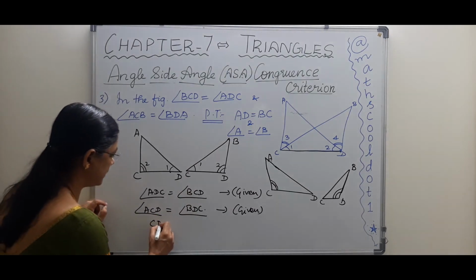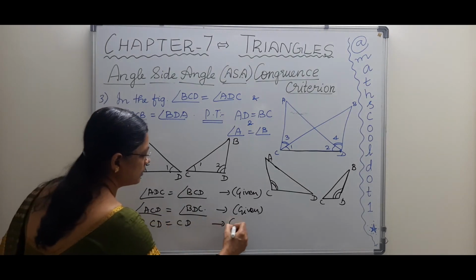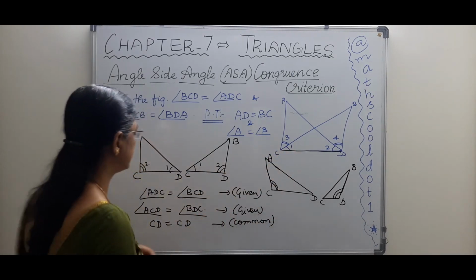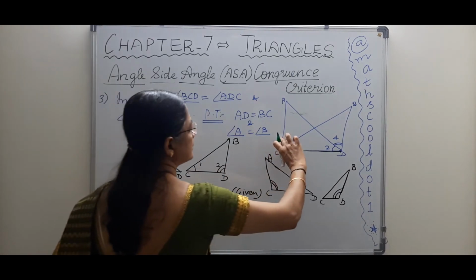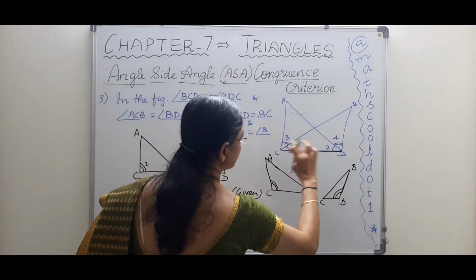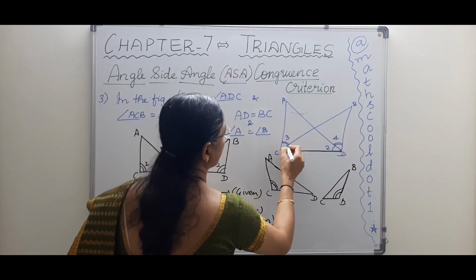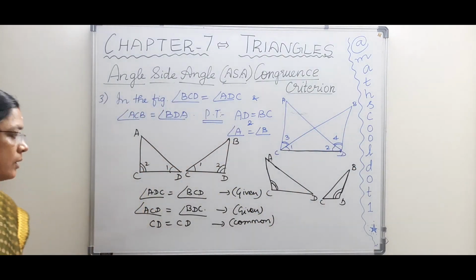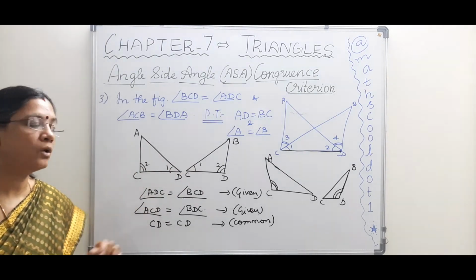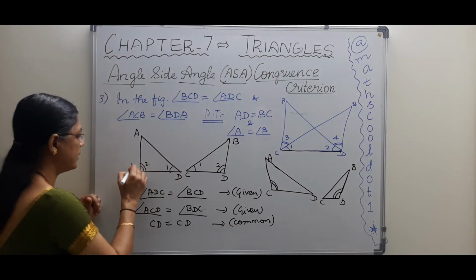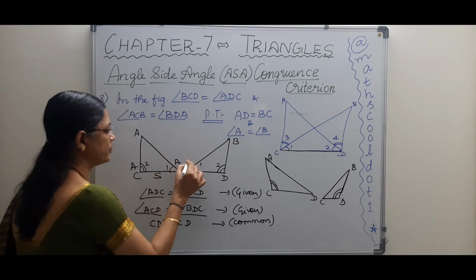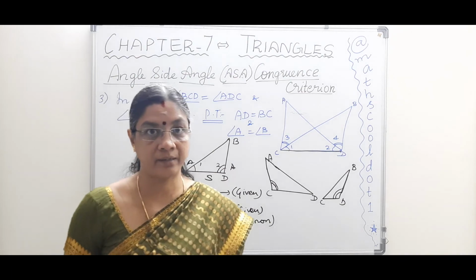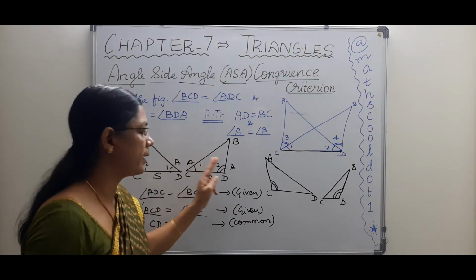And the side CD is equal to CD, that is the common side. So now we have two angles, the total angles C and D equal, and angle 1 of this triangle and angle 2 of triangle ADC also equal, right? So we have two angles and a side in between. That is how, according to ASA criterion, we prove these two triangles to be congruent.